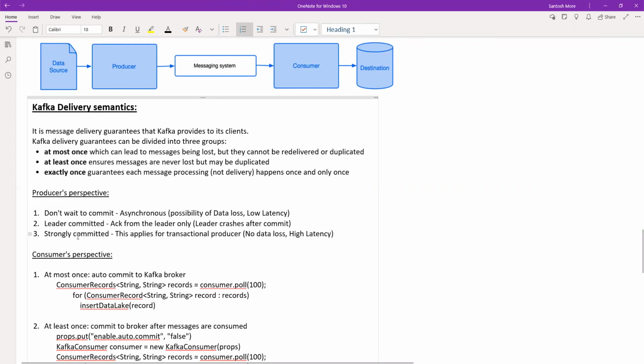And the last is the strongly committed way. It means it will wait for the whole quorum to get committed. If you have a leader, the message is usually published to the leader. It is written in the commit log of the leader, and also replicated to the in-sync replicas, or those two, or however many followers based on the replication factor. Only when the followers respond back will the leader send an ACK back to the producer.